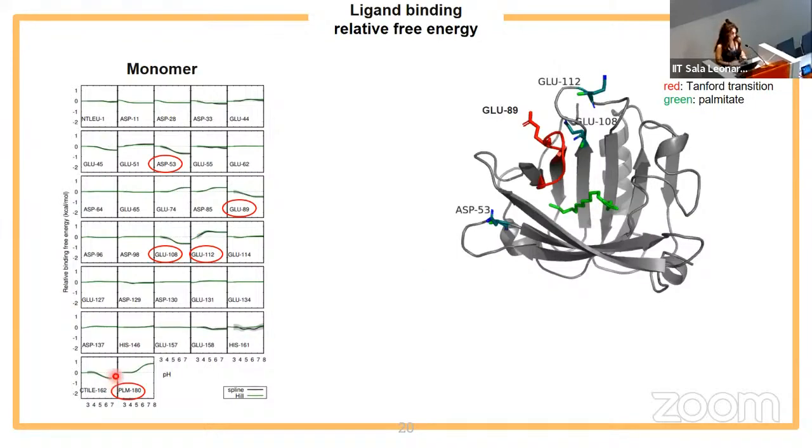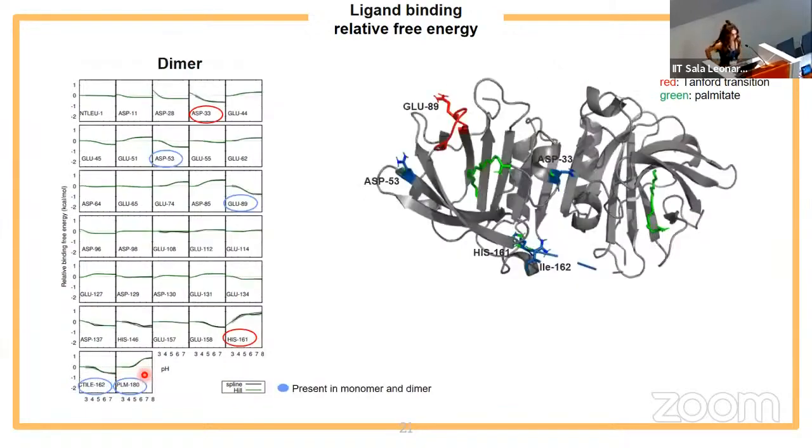It's more favorable until pH 5, which makes sense since it titrates at this pH. In the dimer, besides the residues that contribute in both the monomer and the dimer, as depicted here in blue, it is interesting to see that there are some residues, mostly these two, that are present in the dimer and not in the monomer, and they are located in the dimer's interface.